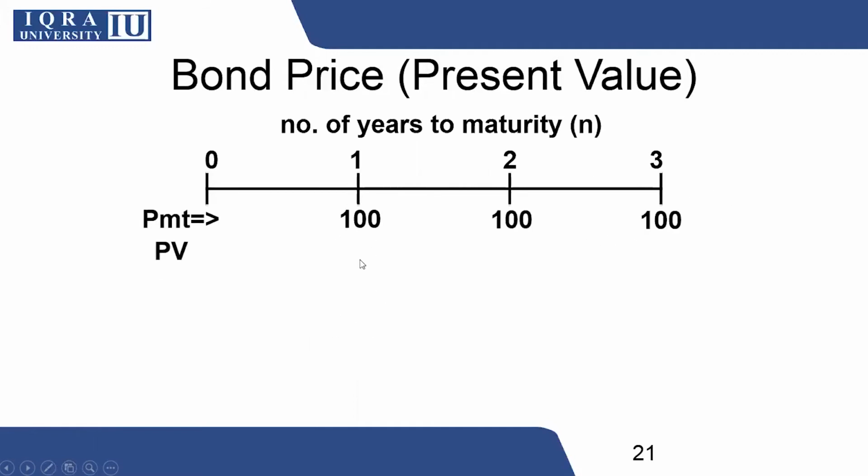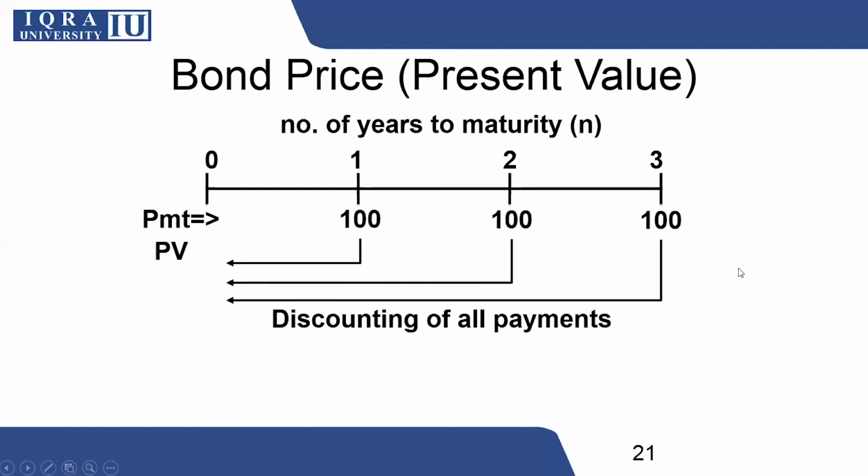If I'm interested to calculate the present value of these 3 amounts, you can recall that this is actually reflecting the annuity concept, because 3 amounts are coming at specified intervals, so there is no issue. So if you are interested to calculate the present value of these 3 amounts, you can discount all the amounts like this.